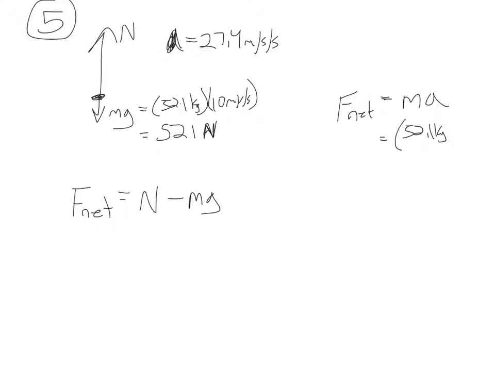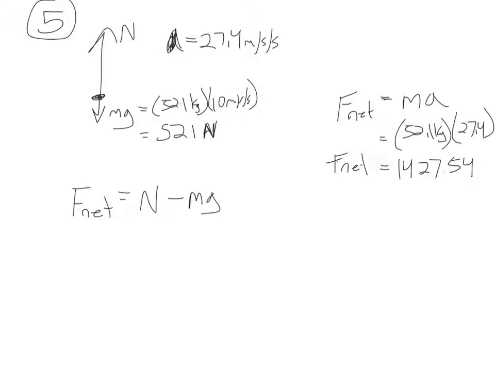I'm going to solve for the net force first, and then plug that back into my equation on the left. So I have a mass of 52.1 kilograms, and an acceleration of 27.4 meters per second. Multiplying those, I have 1,427.54, and I'm not going to round anything yet. I want to get all the way to the end first. Alright, so that's my net force.